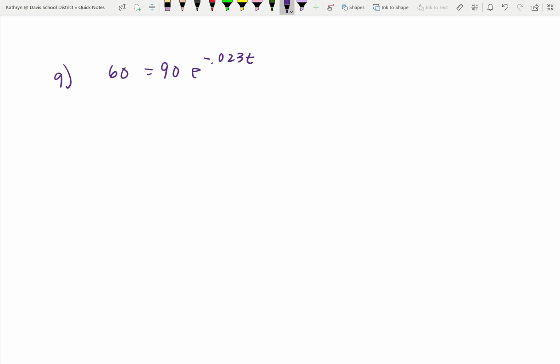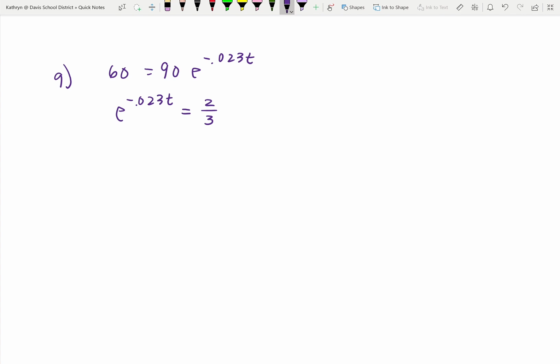So I know I'm going to have to convert it because my variable is stuck in the exponent. So if I divide, I get e to the negative 0.023t is equal to 60 divided by 90, which is 0.6 repeating. So you can write it as 60 over 90, you can write it as 6/9, you could also write it as 2/3.